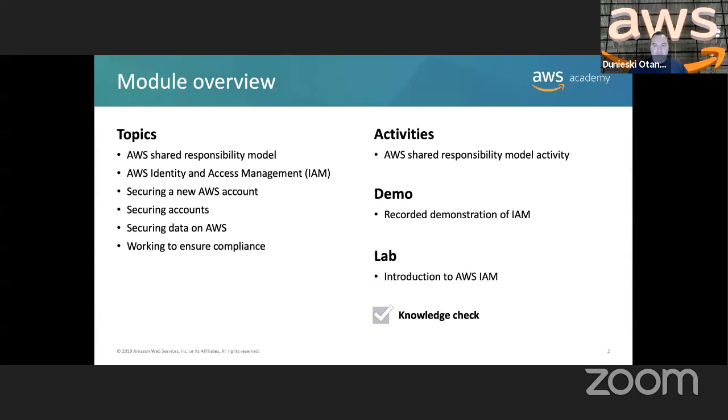Activities: we're going to have an activity with the AWS Shared Responsibility Model, and then we're going to see a recorded demonstration of IAM. Lab: we have the introduction to AWS IAM. This is going to be our first lab today, and then the knowledge check, the little quiz that you have for every module.